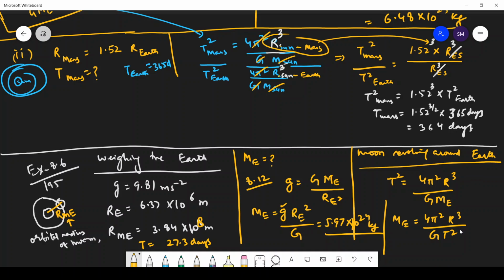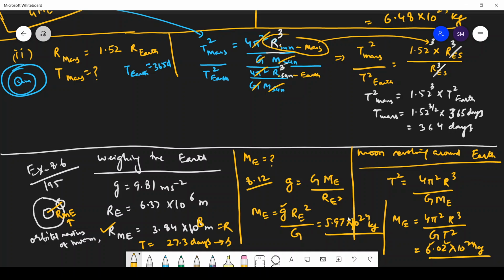Now students, you know these values: the R that is given to you, that is this R_ME, and this G, and for the value of T, you have to change the days into seconds by multiplying first with 24, then with 60, and then with 60. From here also you will get the mass, 6.02 into 10 power 24 kilograms. So almost these two masses are the same. So you can find the mass of the Earth by these two methods.